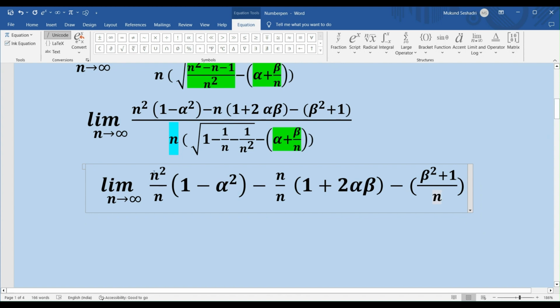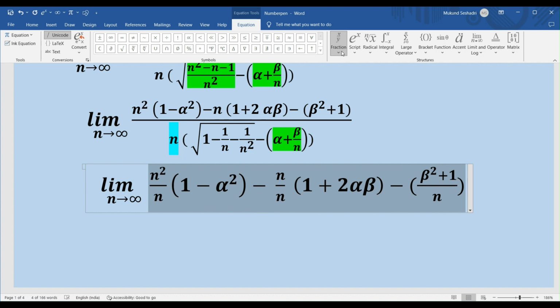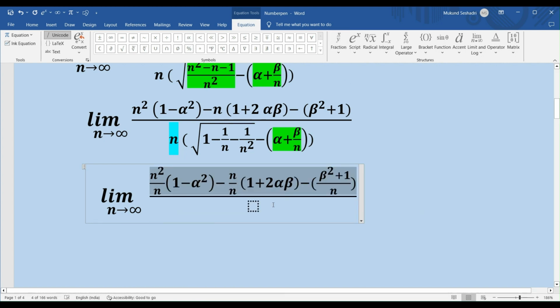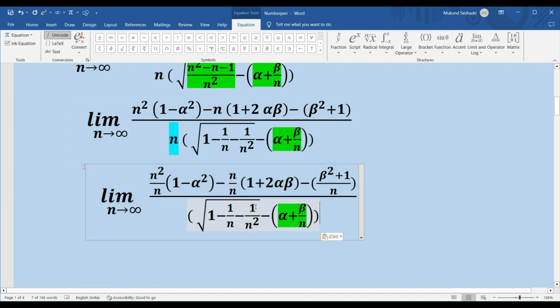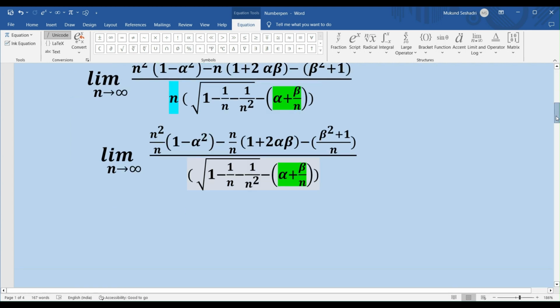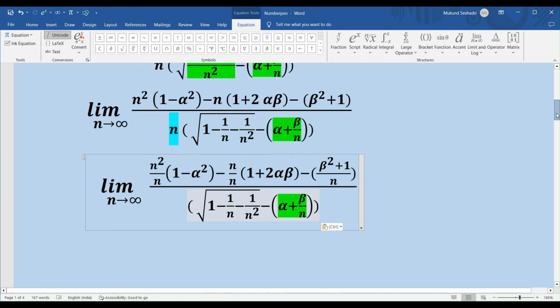And all of this is divided by the term which exists in the denominator. Remember that the n in the denominator highlighted in turquoise has moved to the numerator now. Now, I know that my term in the denominator tends to a value 1 minus alpha, and then I have a term in the numerator.